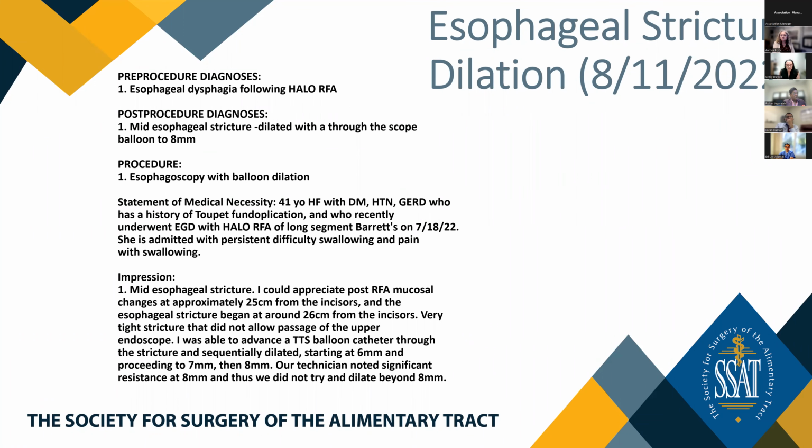At that time there was concern for perforation because there was one area that looked like it had a tear in it, and so they placed endoscopic clips at that site and terminated the procedure.